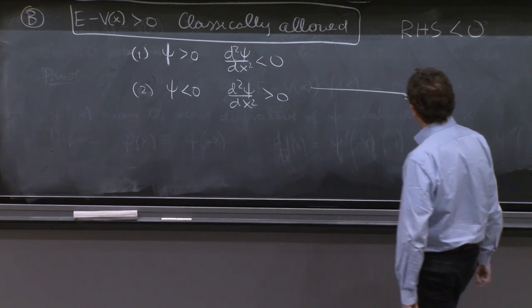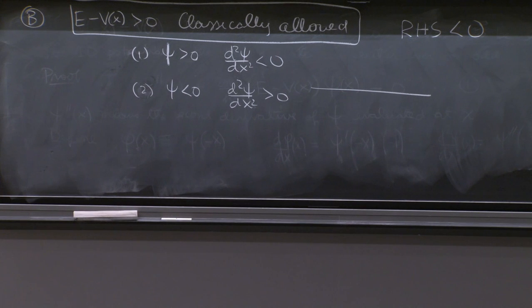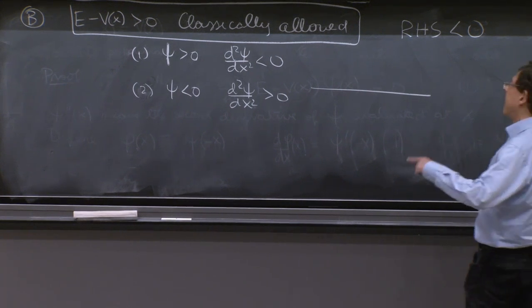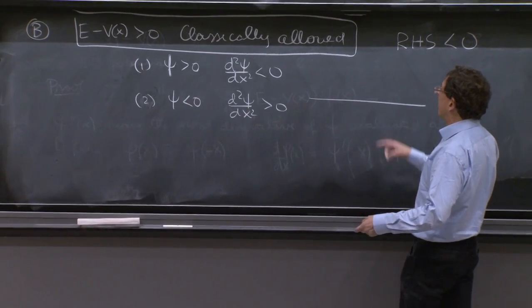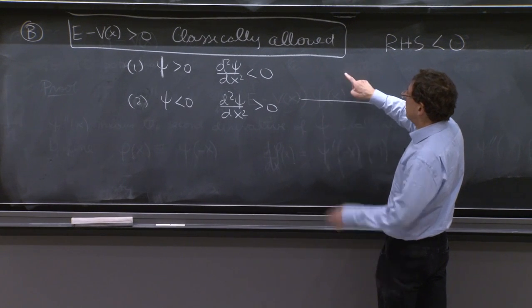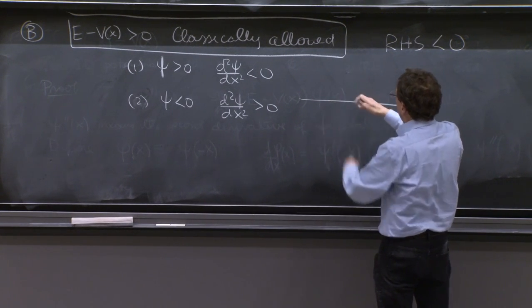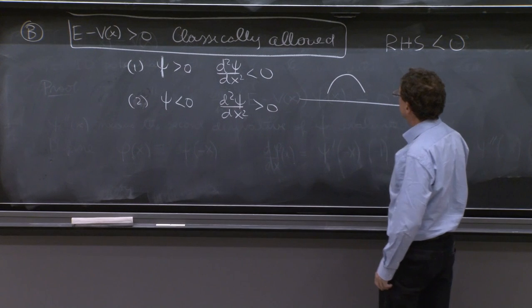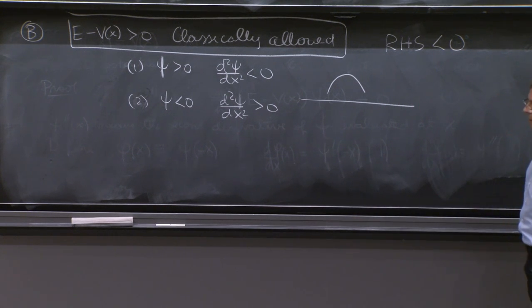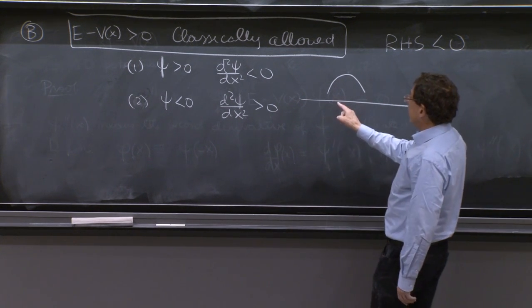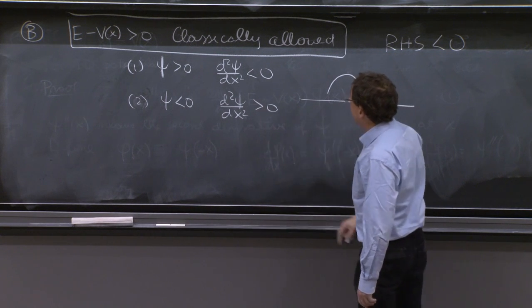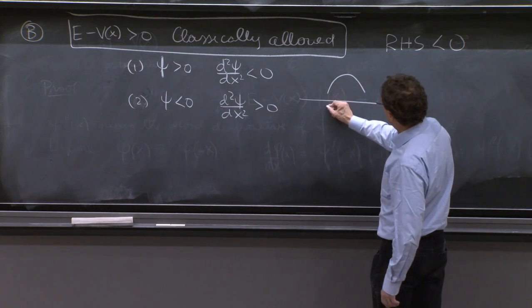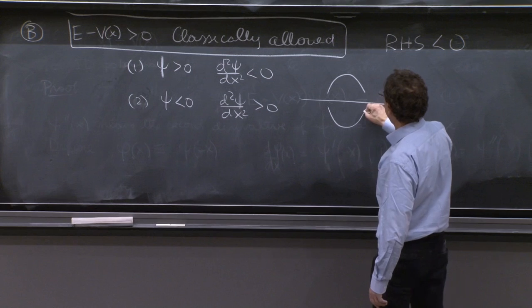So how does that look? Well, with psi positive and second derivative negative, I think of some wave function that is positive and parabolic like that. And then with psi negative and second derivative positive, it's possible to have this.